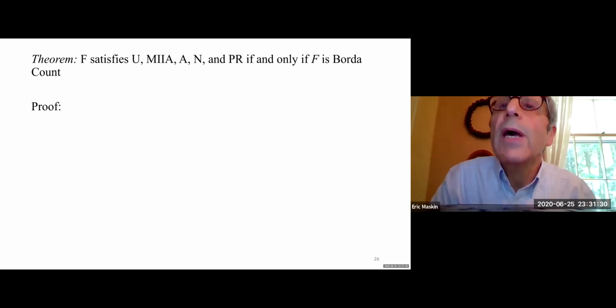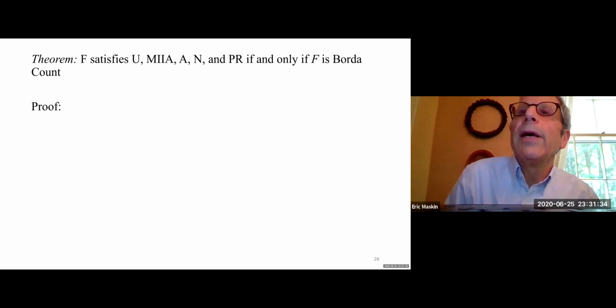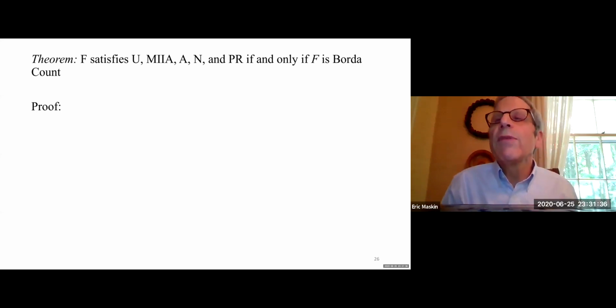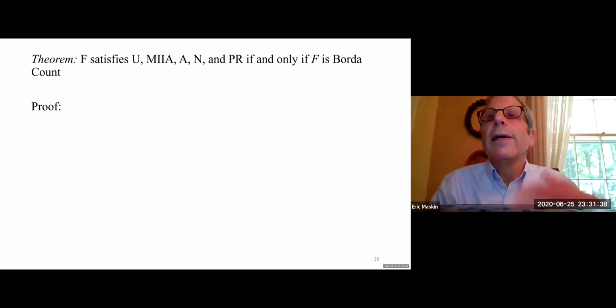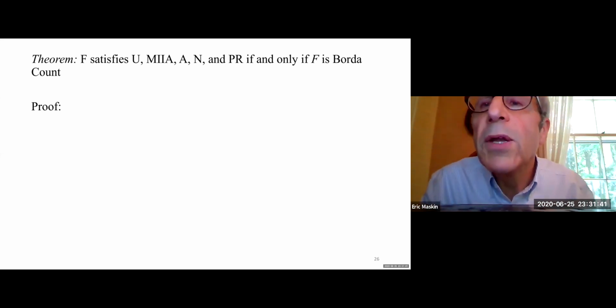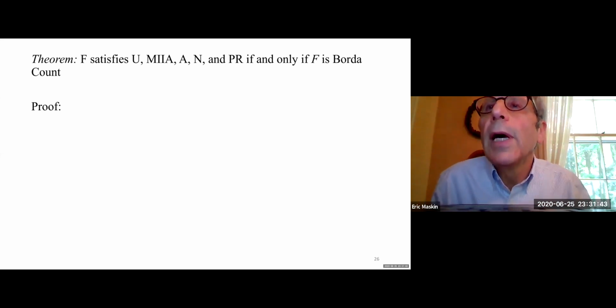So in the Borda count, all individuals count equally, but if you did the same thing as the Borda count, but you gave more weight to one individual than another, then that would be allowed too. So you get the set of weighted Borda counts if you drop anonymity.